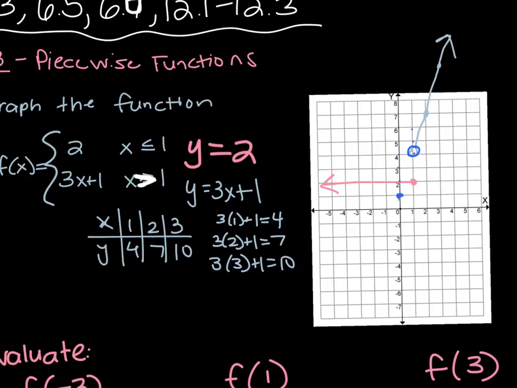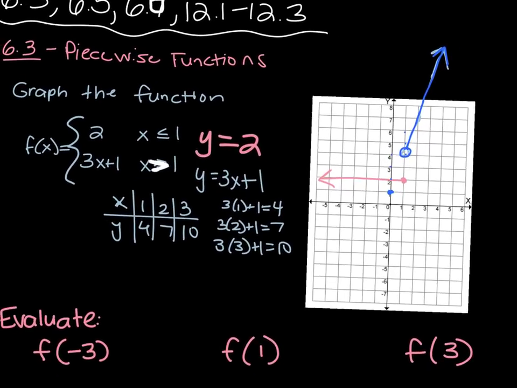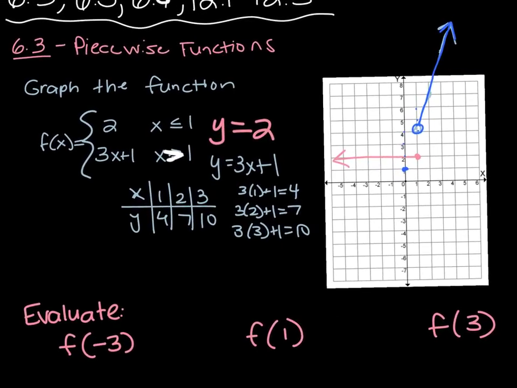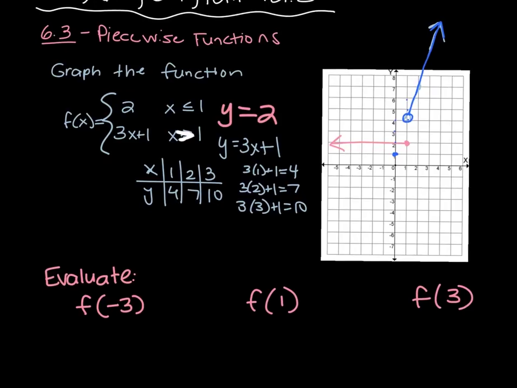Again, this is an open dot because it doesn't include it, and it would continue in that direction. Questions on that one? You are going to have to graph piecewise functions. They're not bad, but you do have to graph them.